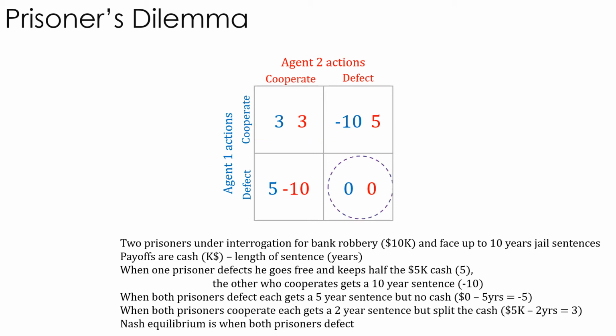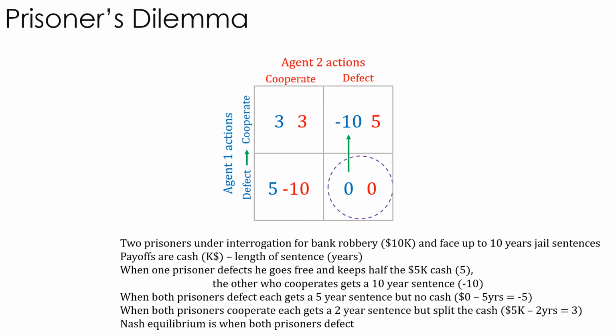At Nash equilibrium, both agents defect. Because if an agent unilaterally switches actions from defect to cooperate, his payoff drops from 0 to -10. If agent 1, for instance, switches from defect to cooperate, his payoff changes from 0 to -10 as shown here.